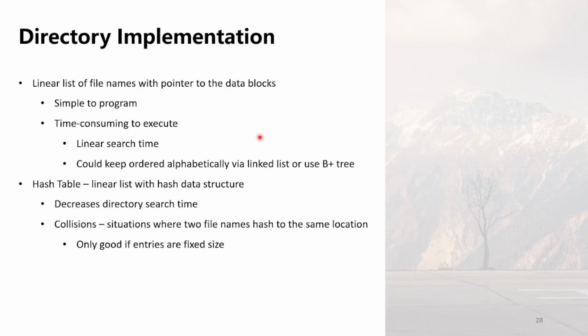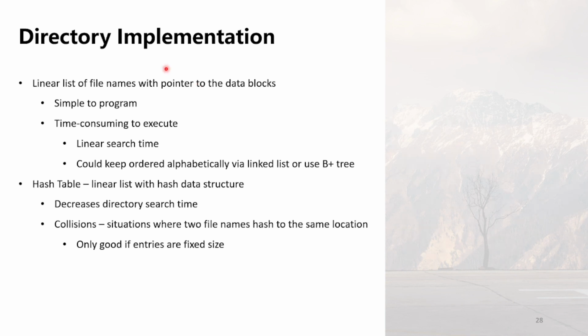In our previous slide, we have recognized that maintaining the directory structure is very important. It is not feasible to load all directories into memory, since the directory in a computer system is not only large, but also quite complex.